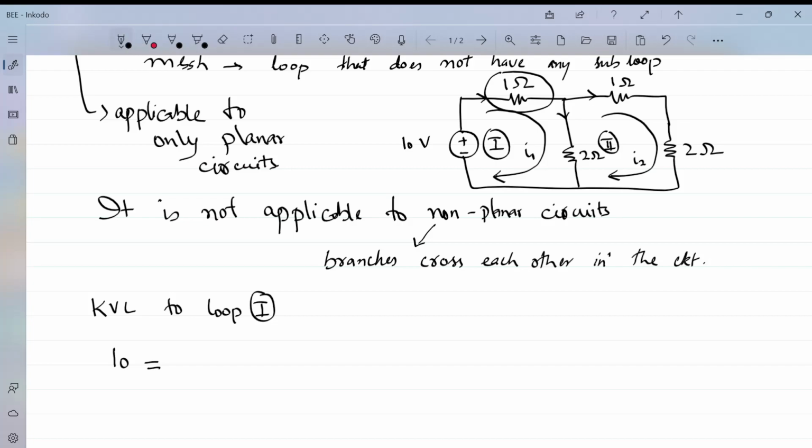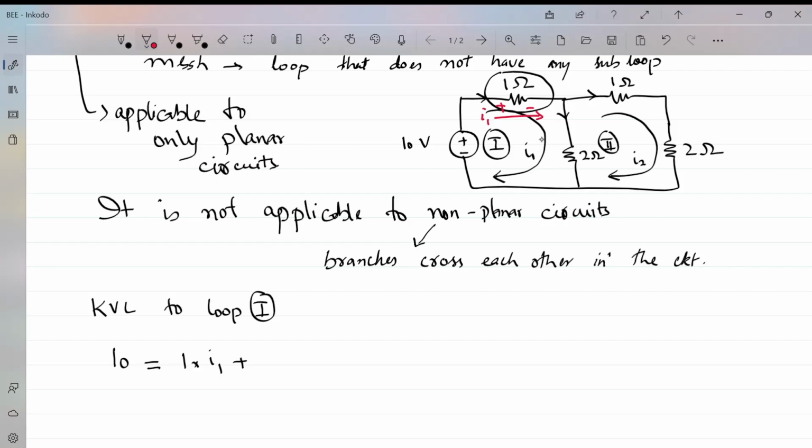We have two currents, small I1 flowing in mesh 1 and small I2 flowing in mesh 2. So I1 is the current also flowing through this 1 ohm resistor. Fine. So 1, that is the resistance, into I1 plus, current I1 is flowing from here.